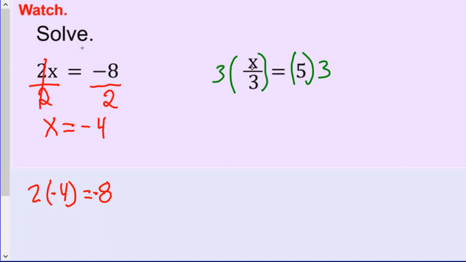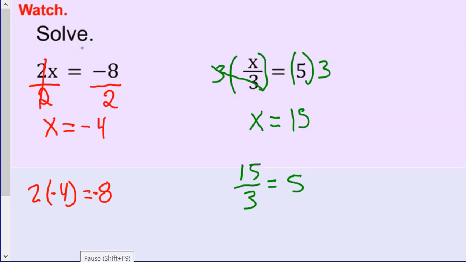So x divided by 3 times 3 will cancel these 3's out, so we will be left with x over here, and then 5 times 3 is 15, so x is equal to 15. And if we plug that back into our equation, we would have 15 divided by 3 equals 5, and 15 divided by 3 is equal to 5, so that is true.